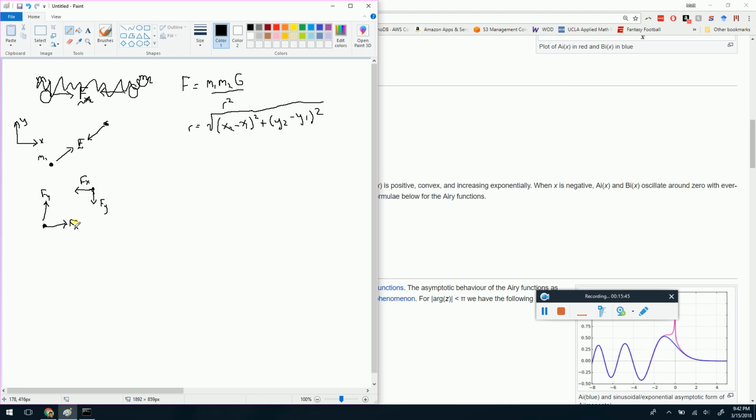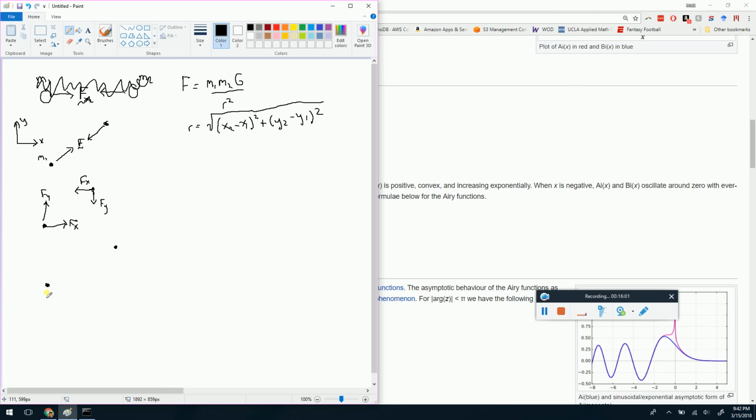Well, we've got an Fx and an Fy, so that depends on the angles. We've got to do a little bit of geometry here, so let's do the geometry part separately.